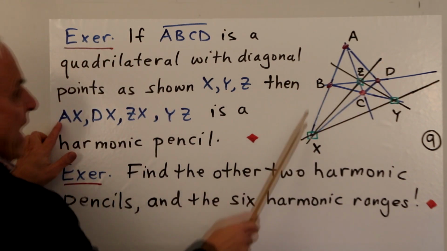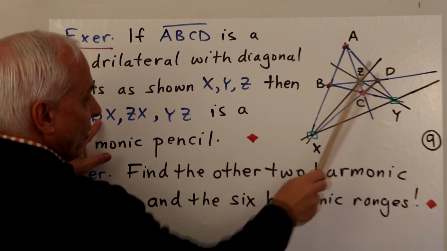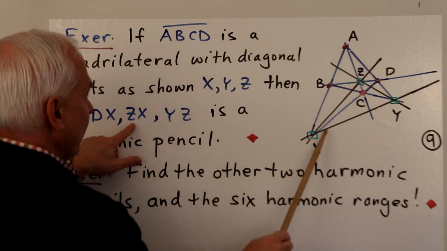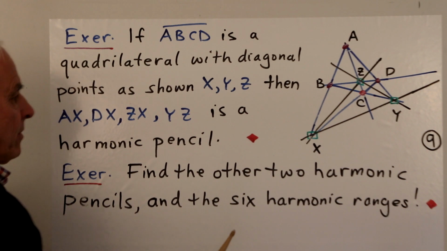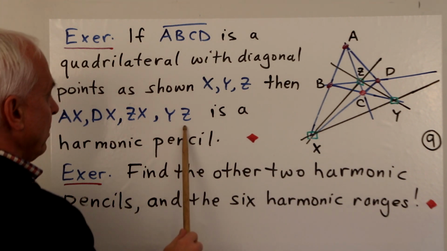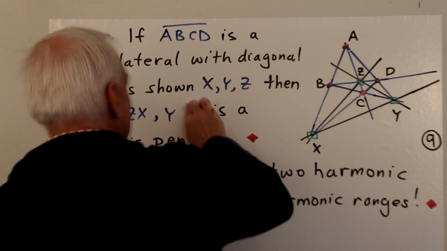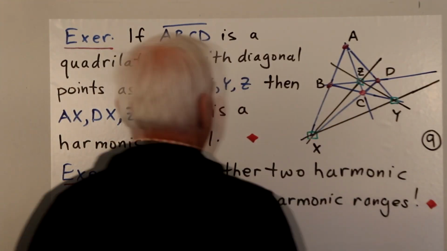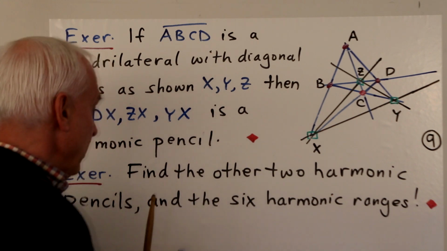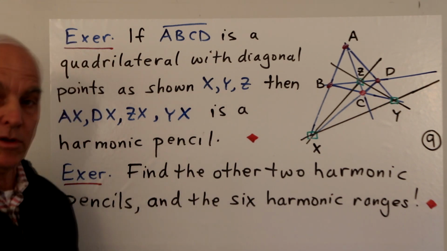So AX, DX, ZX and YX. That is a harmonic pencil.